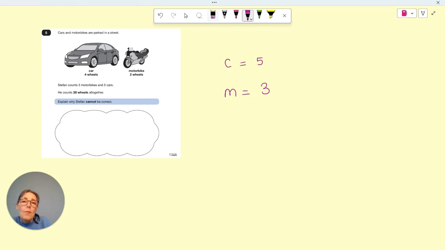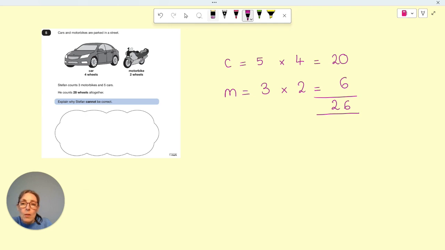Now it says cars have 4 wheels, so we've got 5 lots of 4 here. And motorbikes have 2 wheels, so it's 3 lots of 2. So 5 times 4 is 20. 3 times 2 is 6. So altogether there should be 26 wheels. So let's just double check.